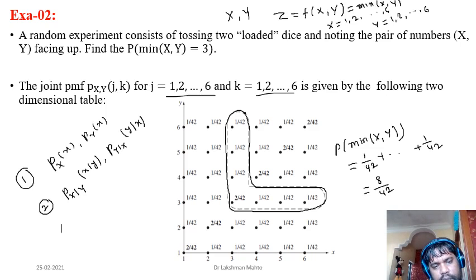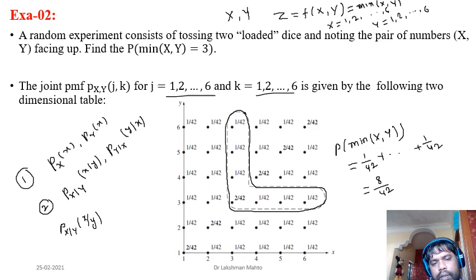Just again, for your simplicity, I would like to write the formula for the conditional PMF of x given y.